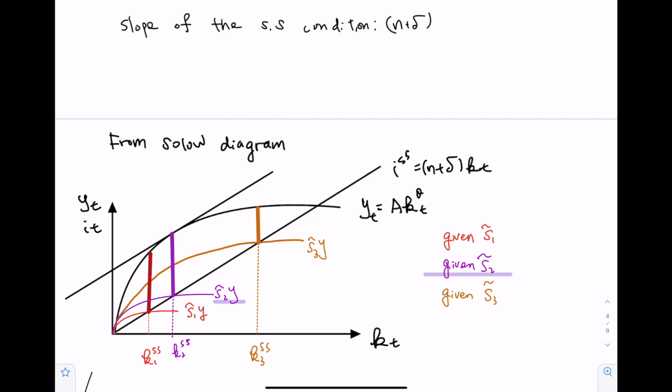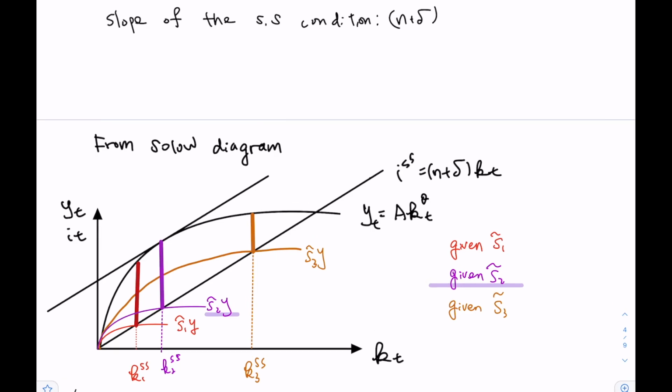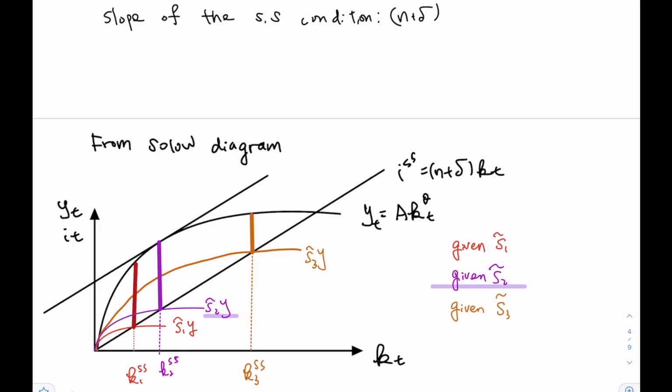Under the setup of our current model, the steady state condition tells us that the investment required to stay at a certain level of k needs to be equal to (n plus delta) times k_t. Therefore, the slope of this steady state condition is n plus delta. So to find the consumption that is maximized, we need to find a line parallel to the steady state condition, and this line needs to be tangent to the production function.